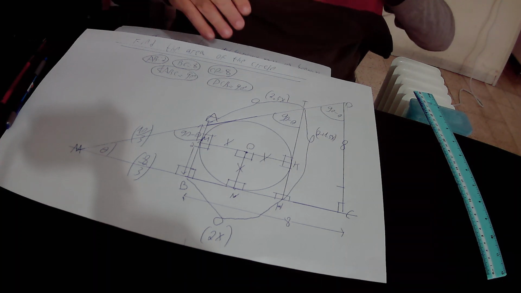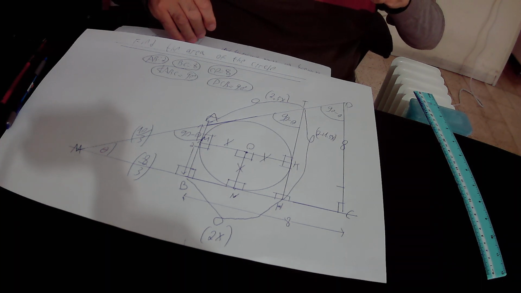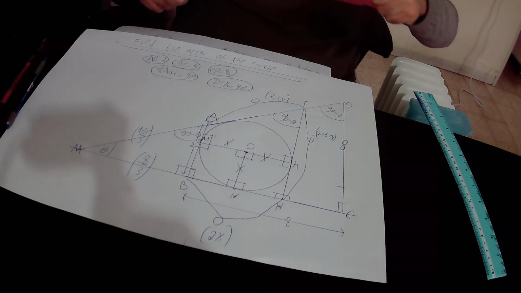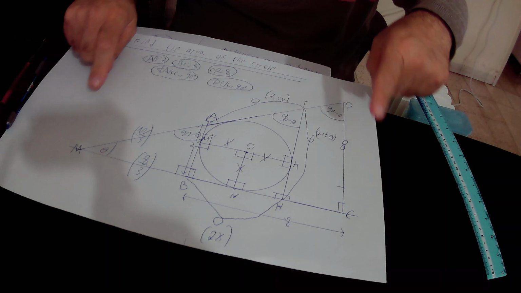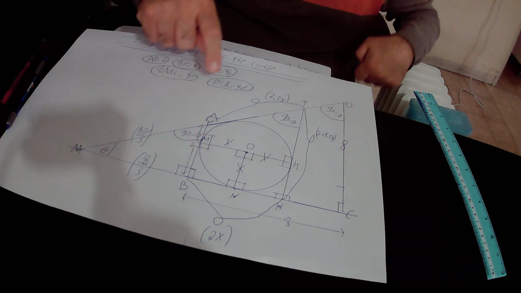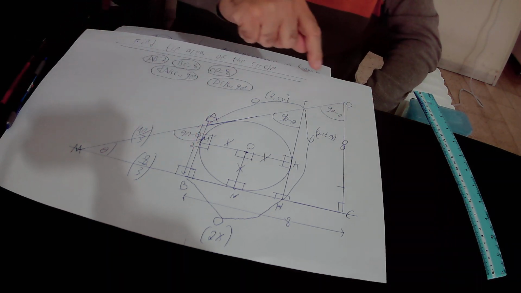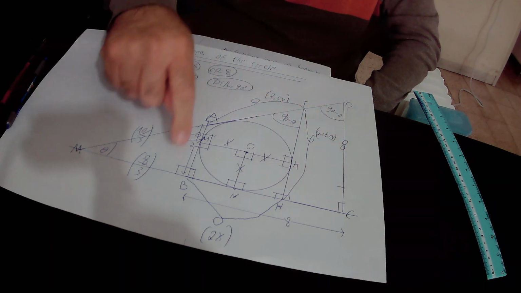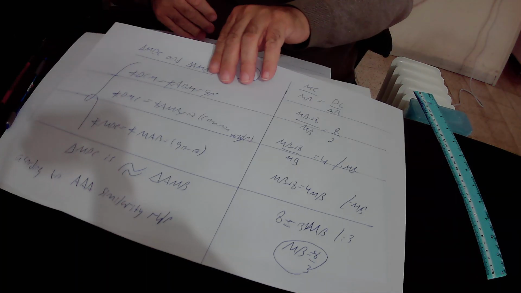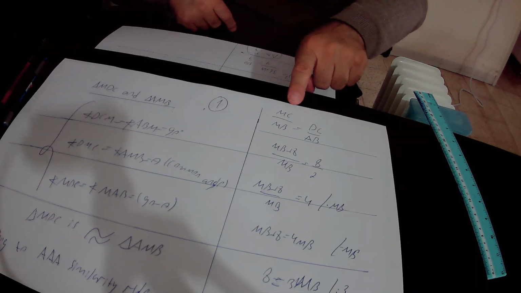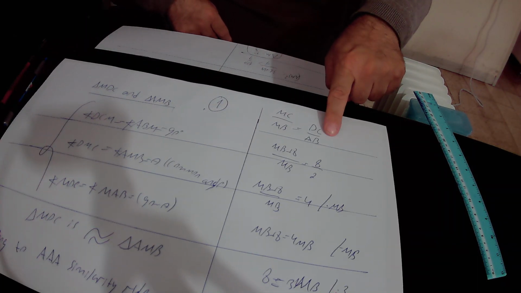From the fact that those two right triangles are similar, we derive the following relationship between their sides: MC in the big triangle over MB in the small triangle equals DC in the big triangle over AB in the small triangle. I repeat again: MC over MB equals DC over AB.